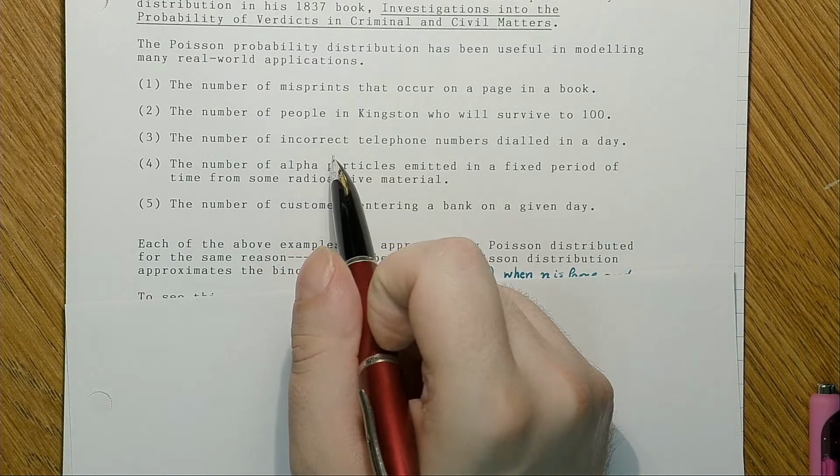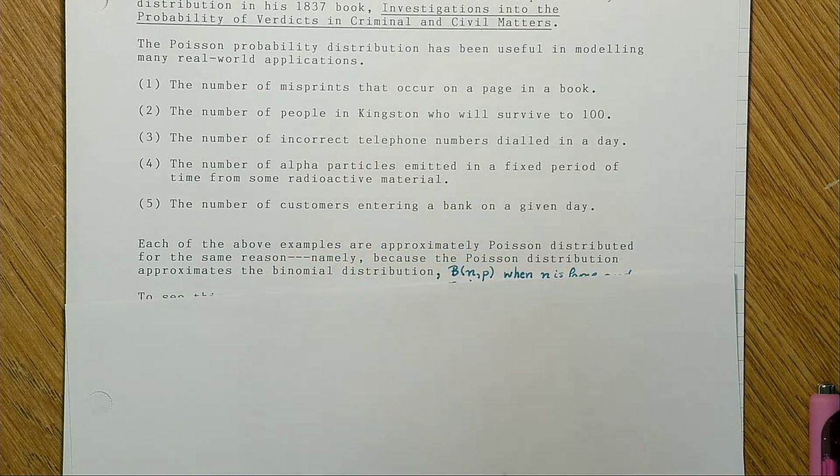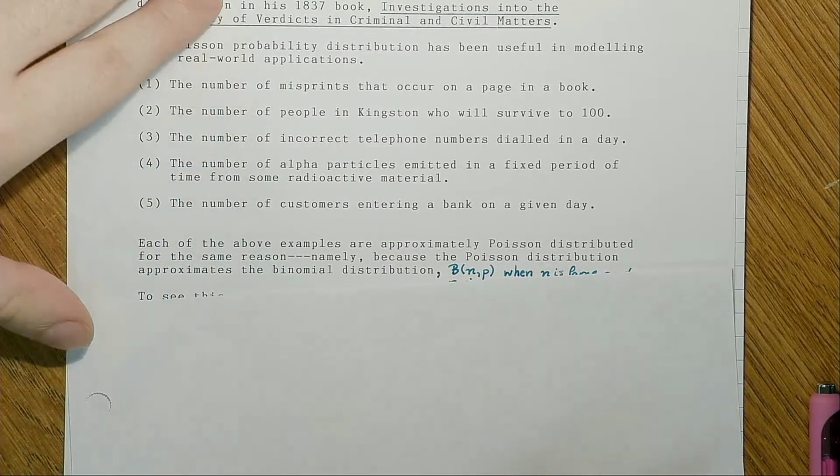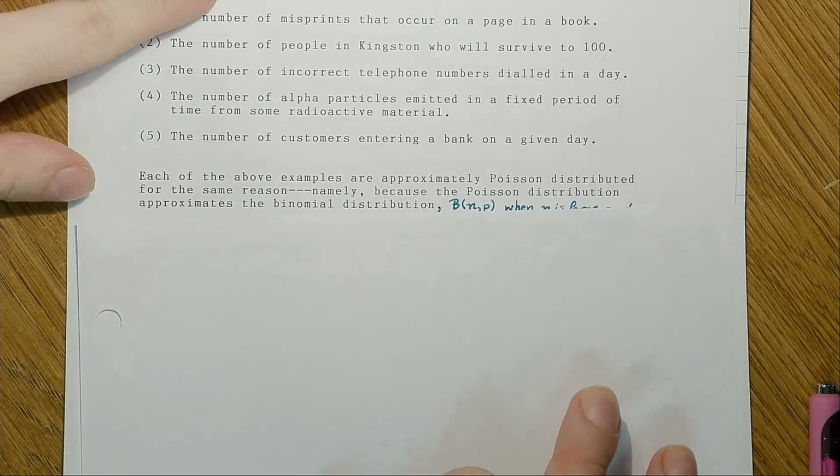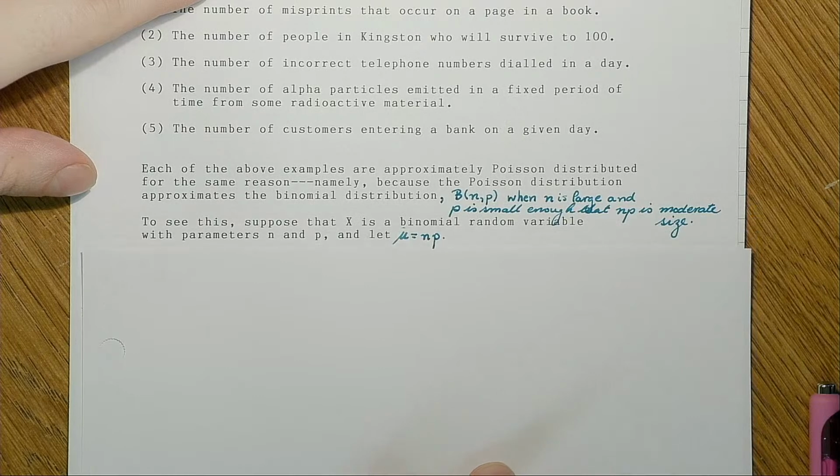It's very rare somebody may incorrectly dial a phone number. It's rare that an alpha particle is emitted. Customers entering a bank on a given day. Accidents, deaths, wars, those are very low event occurrences. So you could model them using a Poisson distribution.